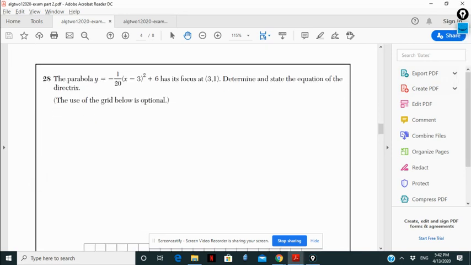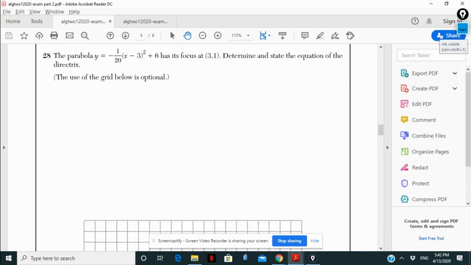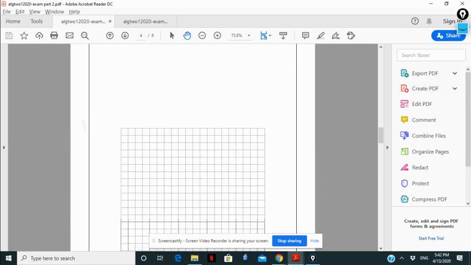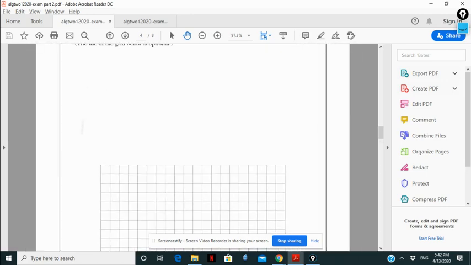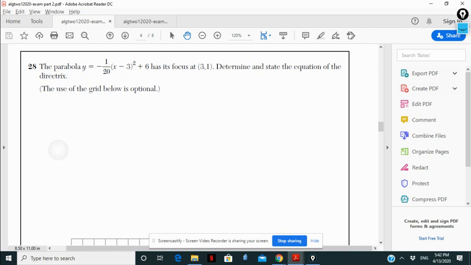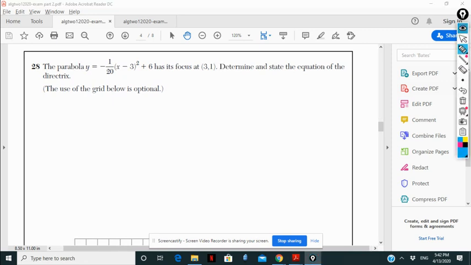Question number 28. The parabola has the equation y equal to negative 1 over 20 times (x minus 3) to the power 2 plus 6, and has its focus at (3, 1). So I'm going to write the vertex equal to (3, 6).